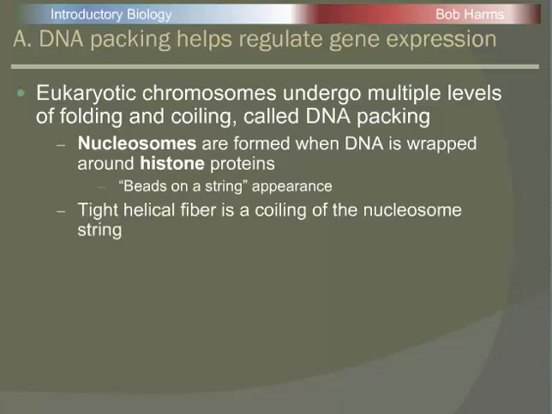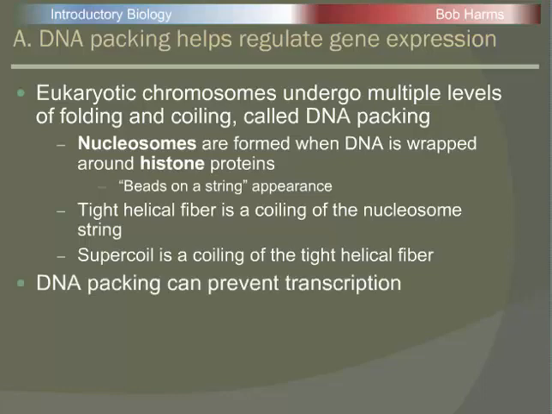Okay? And we can think of it like beads on a string, because when we look at it under the electron microscope, each histone looks like a little bead, and then the string or the DNA is wrapped around that bead. On top of that, then, these nucleosomes will start to wrap around and be packaged together, and that forms a big helical fiber. These helical fibers then are wrapped around each other on top of that, which forms what's sometimes referred to as supercoiled DNA. And so there's a lot of levels of packaging here, from very loosely packed nucleosomes to tighter and tighter bundles of DNA, eventually forming these supercoils.